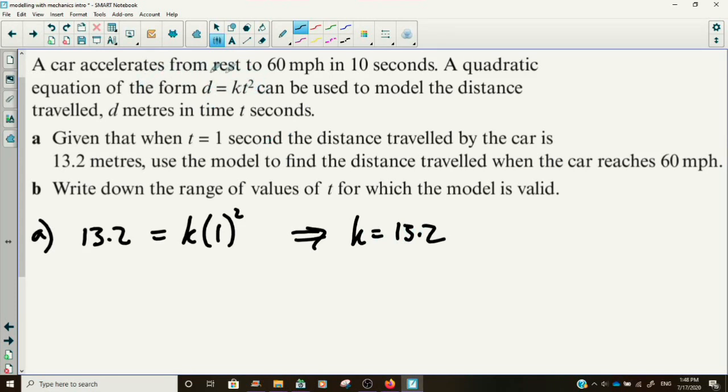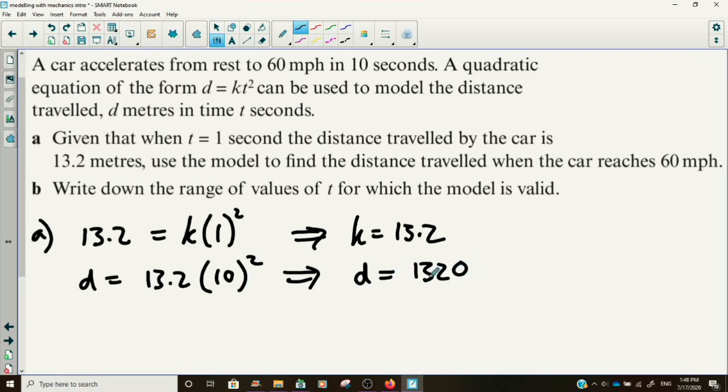Now it does say at the start of the question that the car accelerates from rest to 60 miles per hour in 10 seconds. We want to know the distance travelled when the car reaches 60 miles per hour. Well, we know that's after 10 seconds, so that tells us what t is. So if you just put it back into the formula with k is 13.2 and t equals 10, we're going to get d is equal to 1320. So 1.3 kilometers.